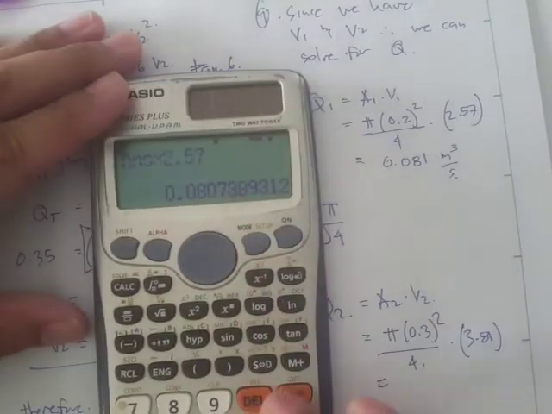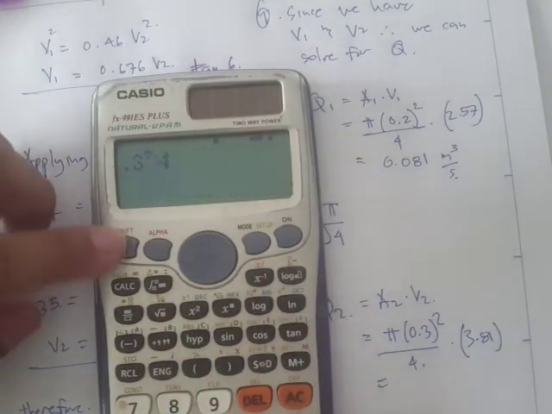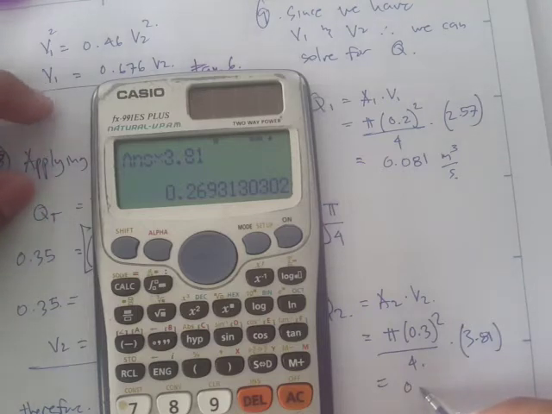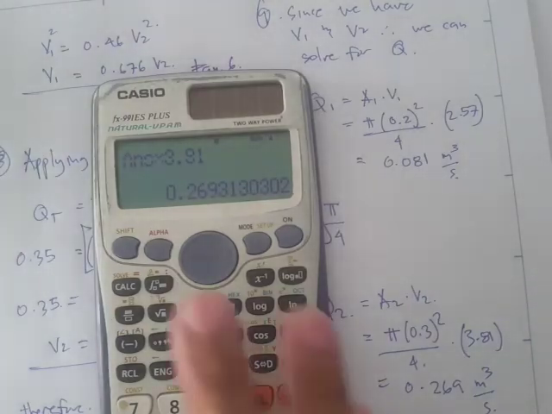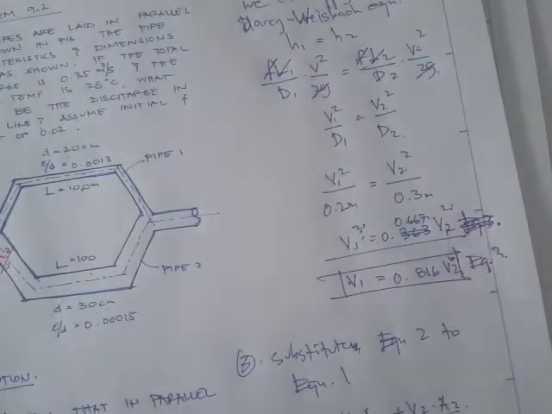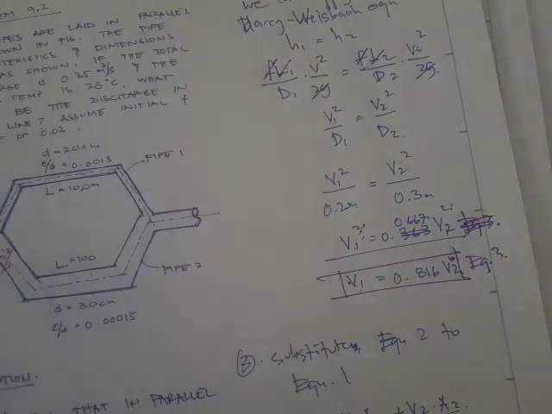That is 0.3 squared times pi divided by 4 times 3.81. We have 0.269 cubic meters per second. Okay, now we'll do our recap on our solution.